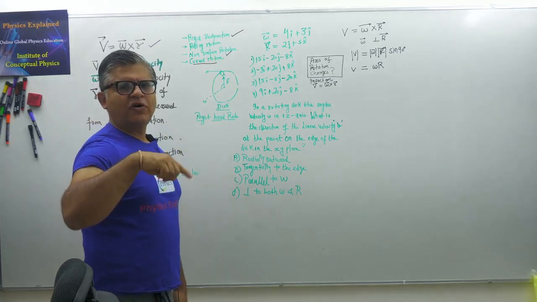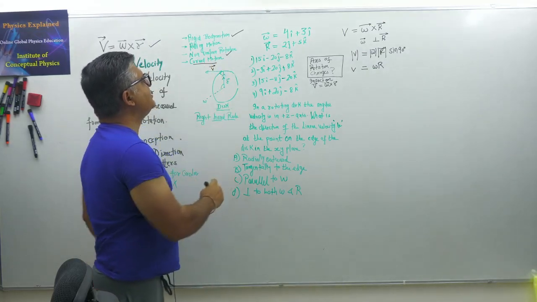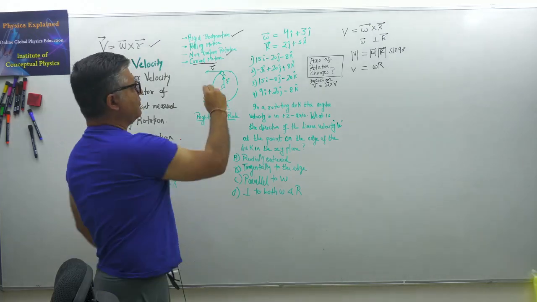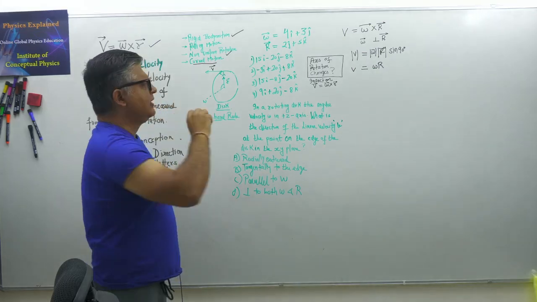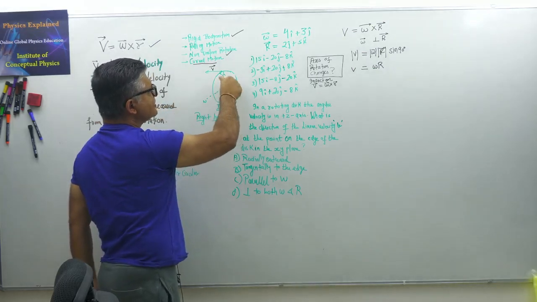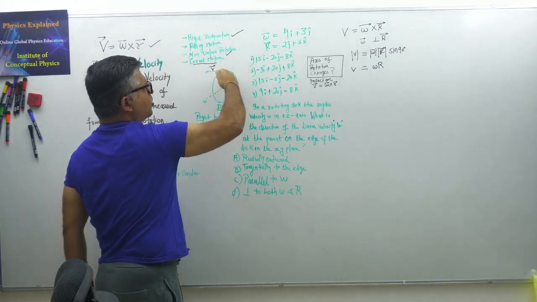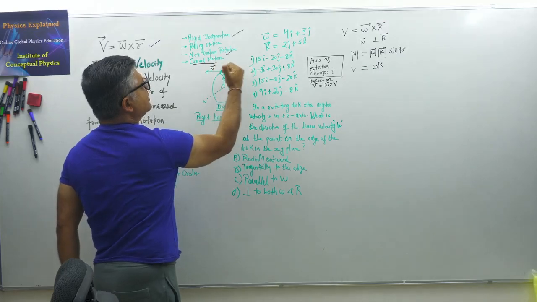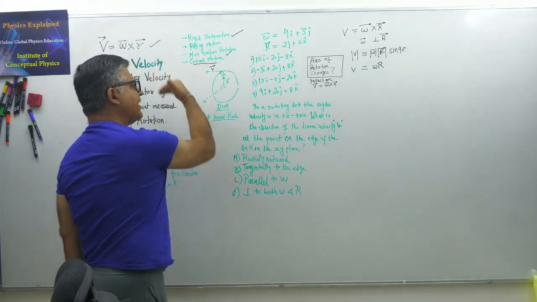It's a uniform circular motion. The velocity will come out to be tangent to the circle. So if you do the right hand rule properly, which is the screw rule, from omega to r, you are actually screwing and you are moving the velocity vector inside, right?